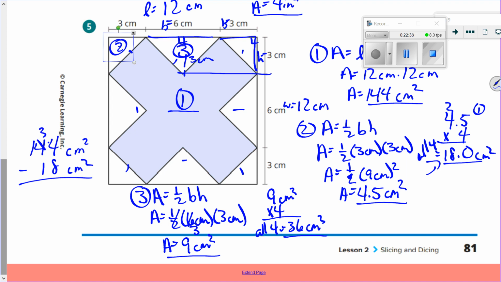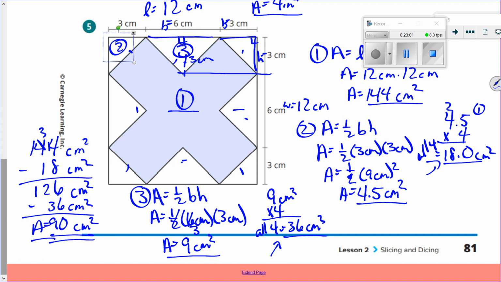So this one I'm just subtracting gives me 126. Then I have to take out the larger 4 triangles. So that gives me another 36 centimeters squared. 126 minus 36 is 90. So the total area is 90 centimeters squared for the shaded portion.